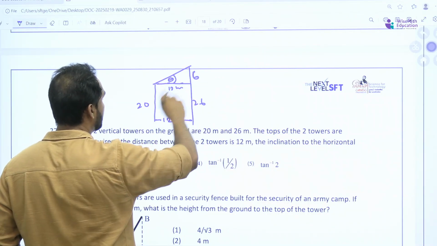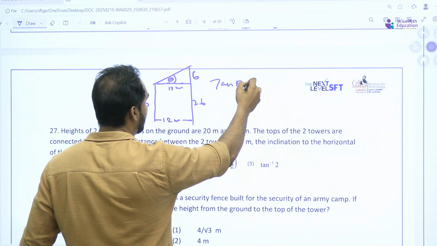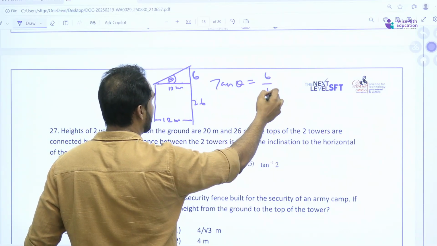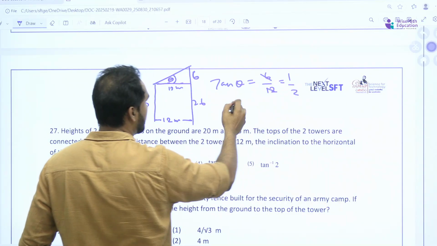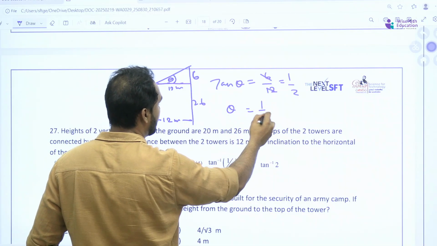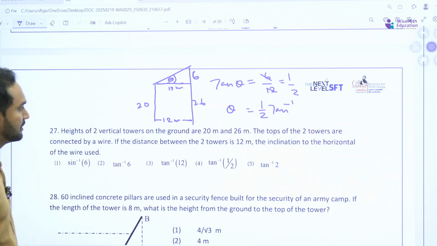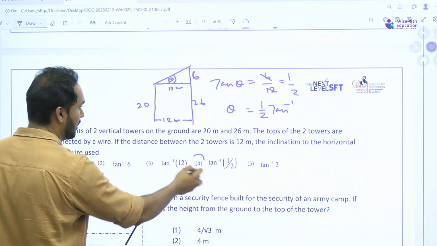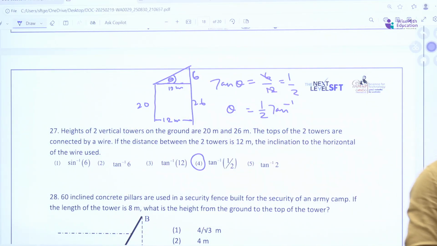Now you have two of the sides, opposite and adjacent, so you can take tan theta. Tan theta equals opposite over adjacent, that is half. So theta is equal to tan inverse of half. That is answer 4.